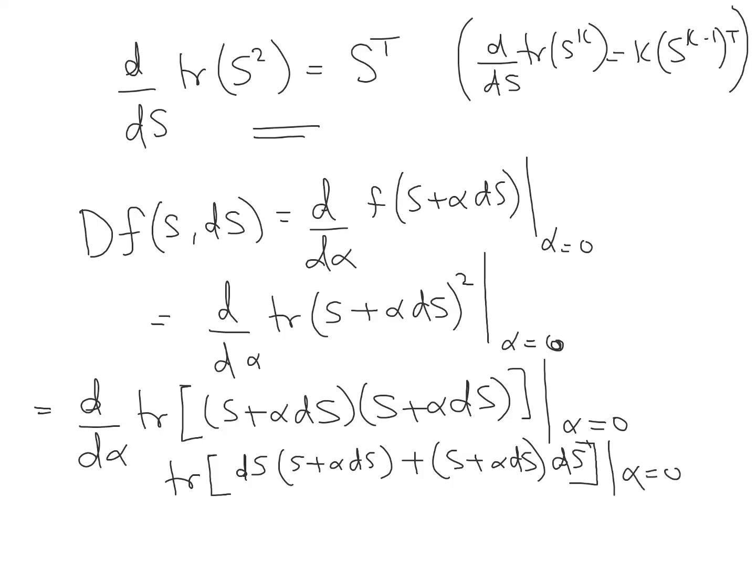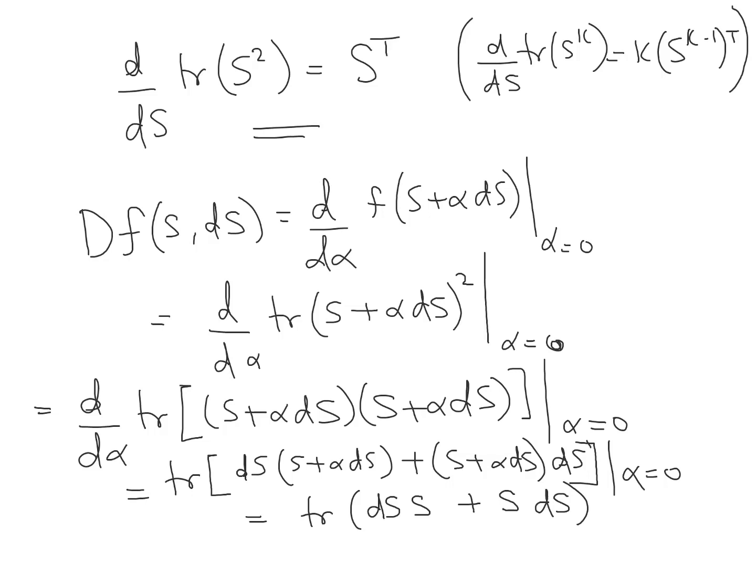Now apply your alpha equal to 0. When you apply alpha equal to 0, what you have is trace of ds composed with S plus S composed with ds.